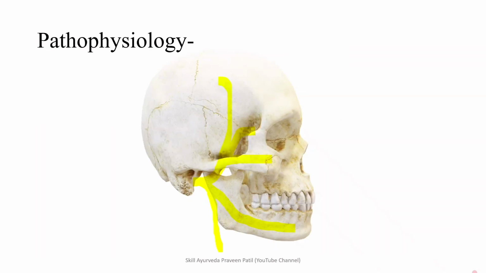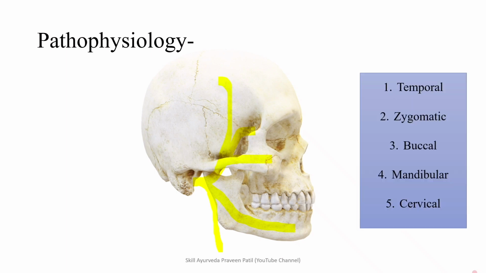Coming to the pathophysiology of facial palsy, when we look at the facial nerve, it has mainly 5 branches, that is temporal, zygomatic, buccal, mandibular, and cervical. So irritation at the root of the facial nerve, or inflammation, ischemia, edema, compression of the facial nerve by any cause will affect these areas.